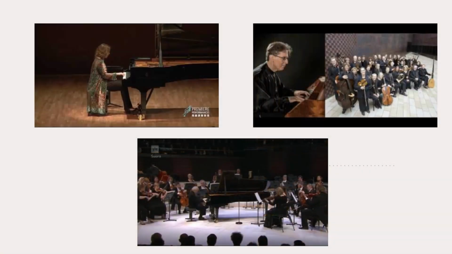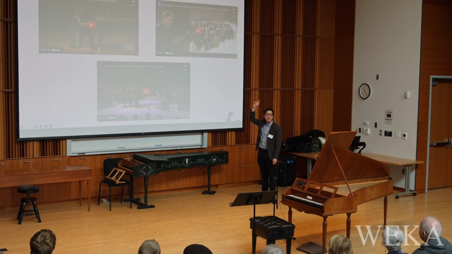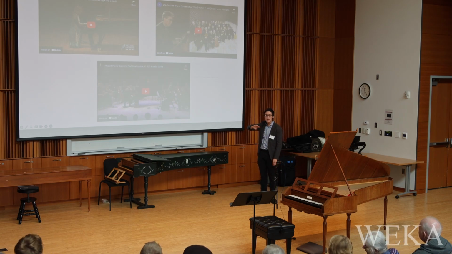So I have three examples that I want to show here. Because I don't think we have enough time to show all three, I will just say: the one on the top right is Robert Levin playing the D minor concerto. He played on the fortepiano, included a lot of ornaments, and produced his own cadenza.